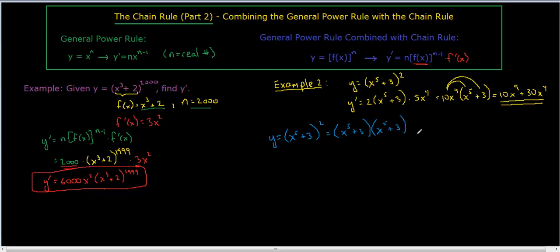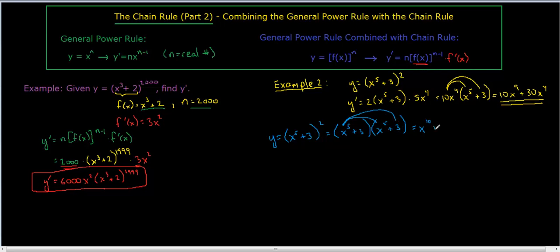So we have x to the fifth times x to the fifth is x to the 10th. I have the luxury of expanding this since the exponent is small enough. And then I'm going to differentiate to see if I get the same answer.